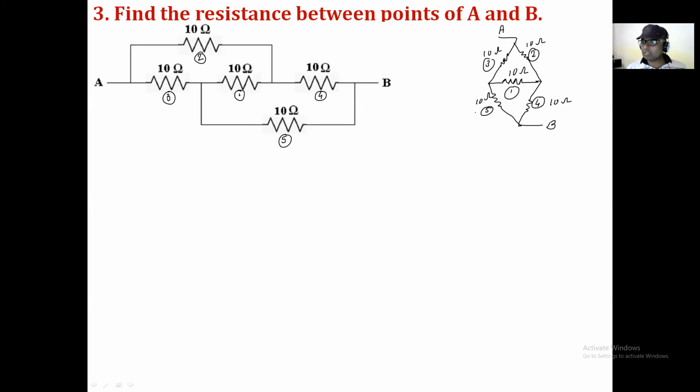Now the thing is clear. From this circuit diagram, if I draw the simplified circuit diagram for our understanding, then the thing is clear. Either you can replace the upper delta into star, or you can replace the lower delta into star. You can then easily calculate the resistance between points A and B by applying the series and parallel circuit rule.